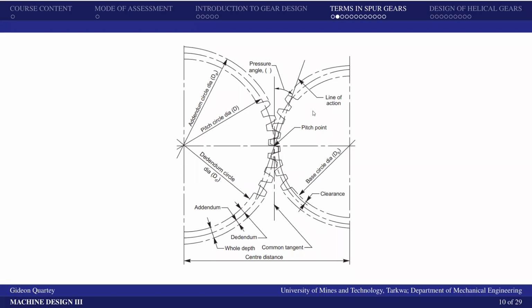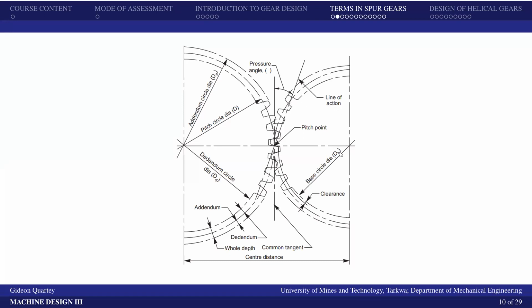you see that assuming that these gears have no teeth and they are just two circular discs, okay, let's say there are two rollers or discs, and one is having the diameter to be the pitch circle diameter, with that diameter or radius.